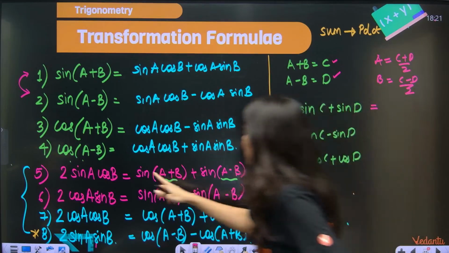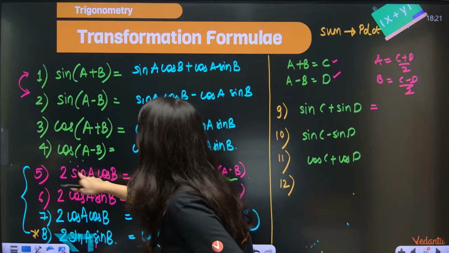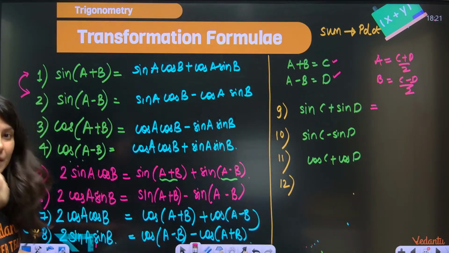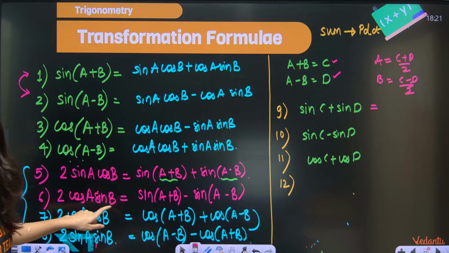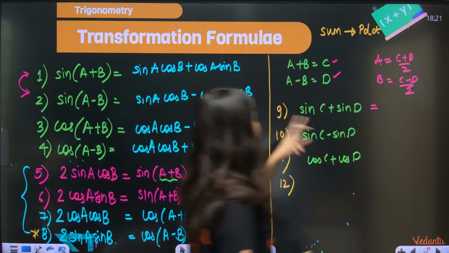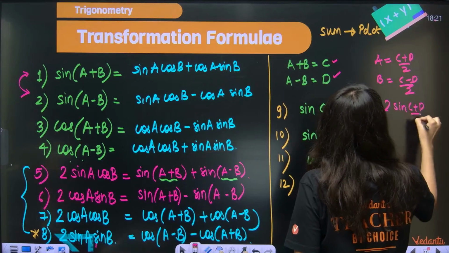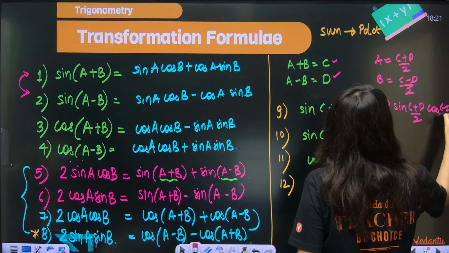So sin C plus sin D is 2 sin A cos B. A will be replaced by (C plus D) by 2, B will be replaced by (C minus D) by 2. So sin C plus sin D will become 2 sin((C+D)/2) cos((C-D)/2).